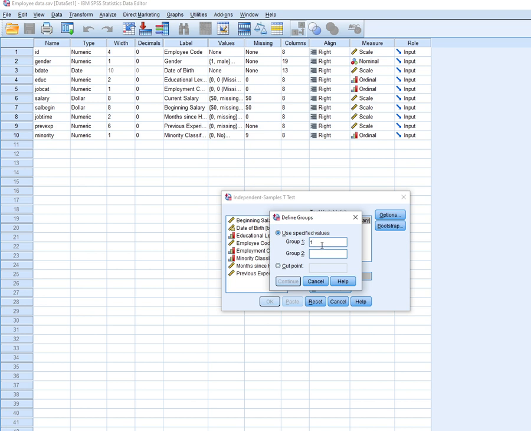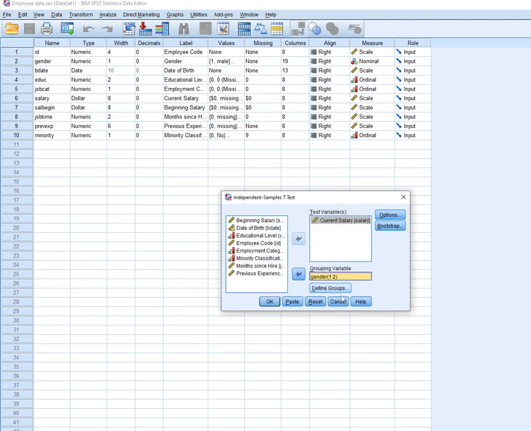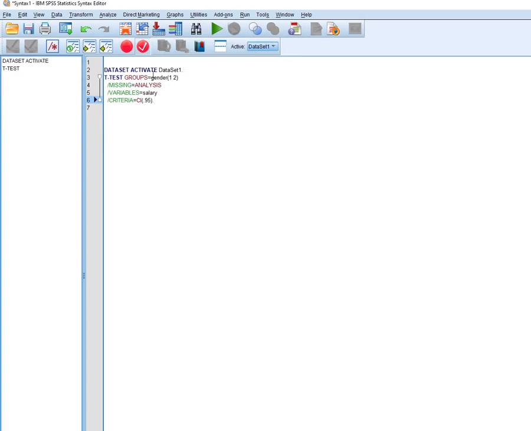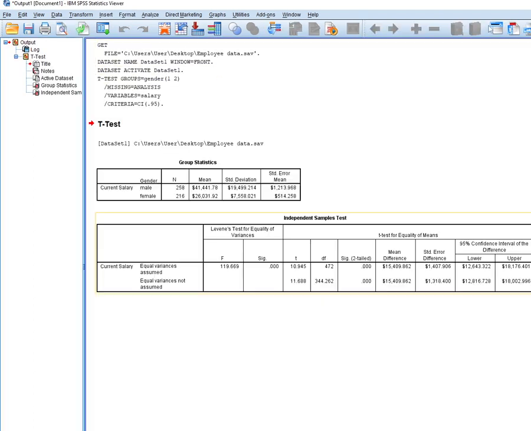Let's say 1 is for male, and then 2 for female. Continue, and I will paste so that I get my syntax, and then execute that.